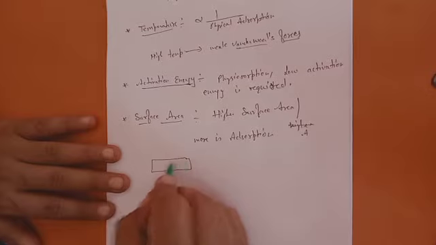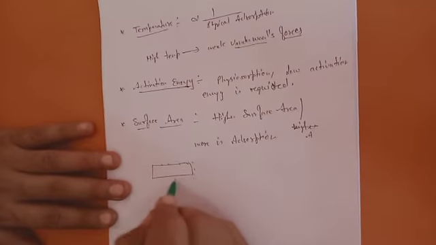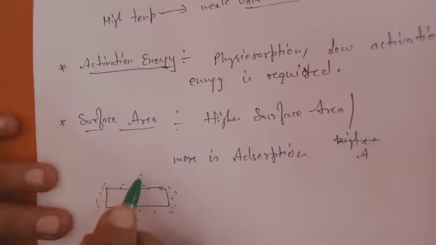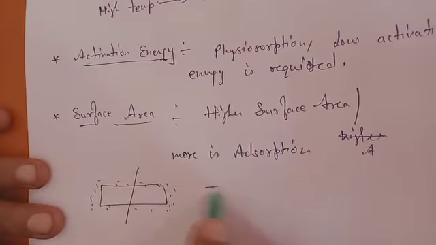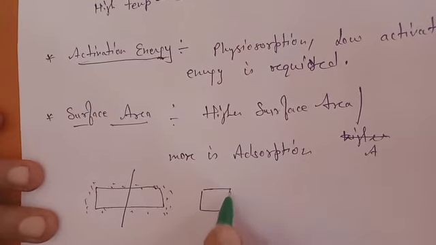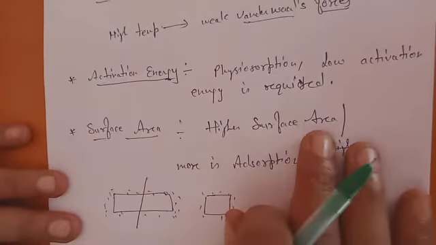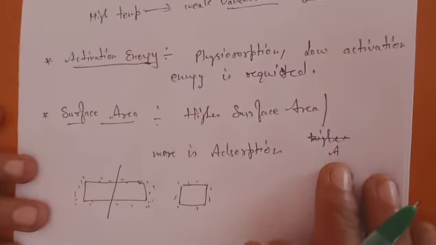This is a substance, and gases are adsorbed on this one. Now how will you increase the area? You just cut down from here, so new surfaces arise, and more gases will adsorb. So that's why we are saying if you increase the surface area, more will be the adsorption. So these are the different characteristics, particularly of physical adsorption.